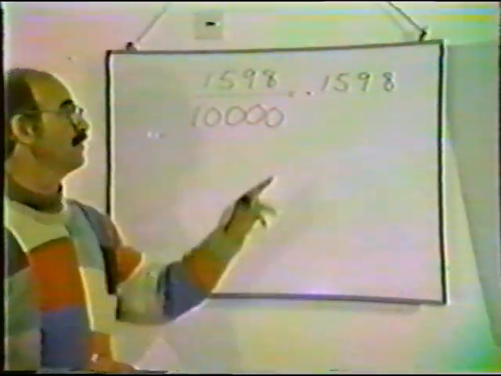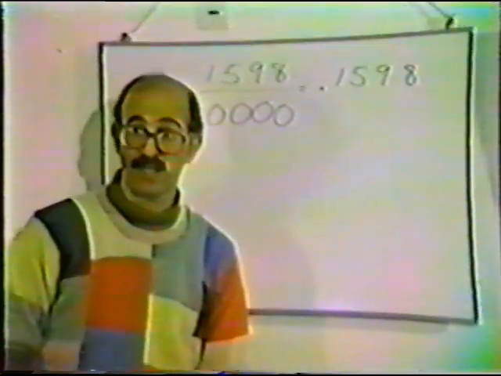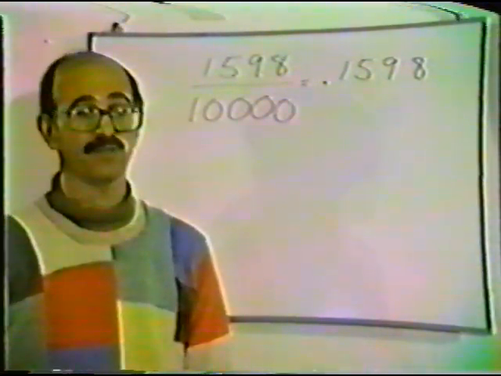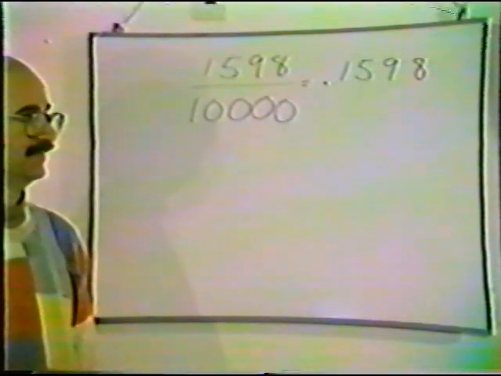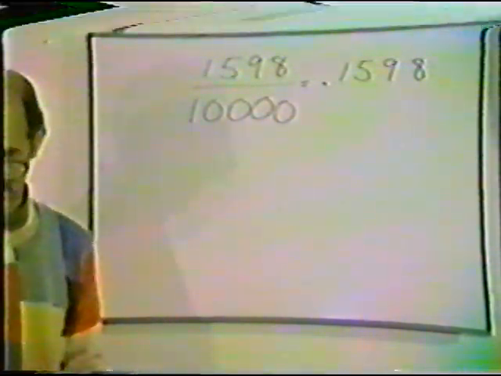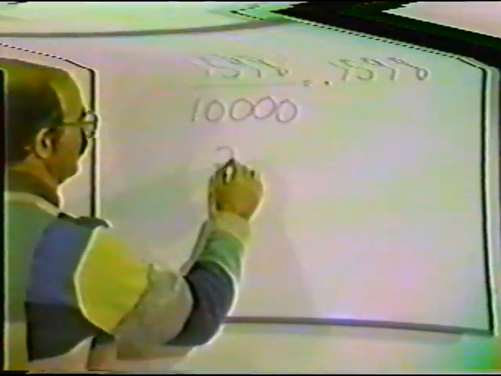When I say 0.1598, I like to say that that's the way I spell it. But if I ask you to read it, what would you say? 1,598 ten thousandths. And another one.